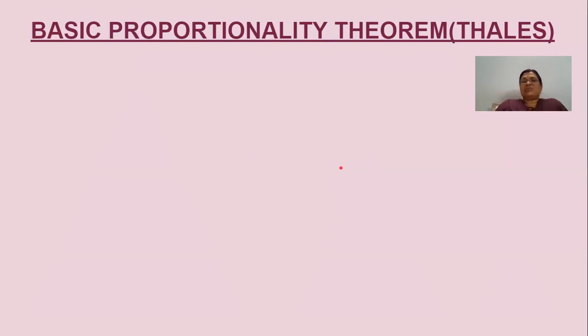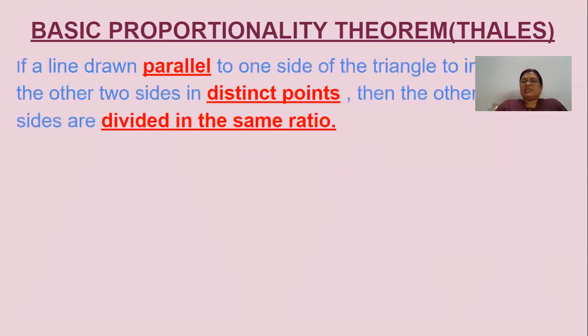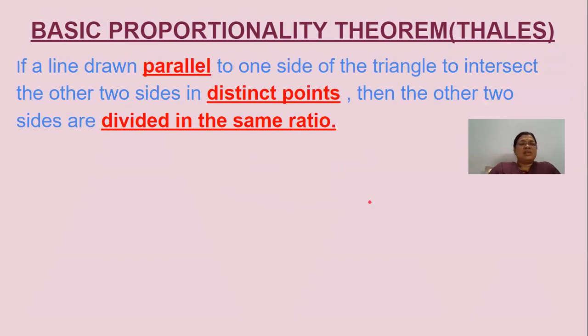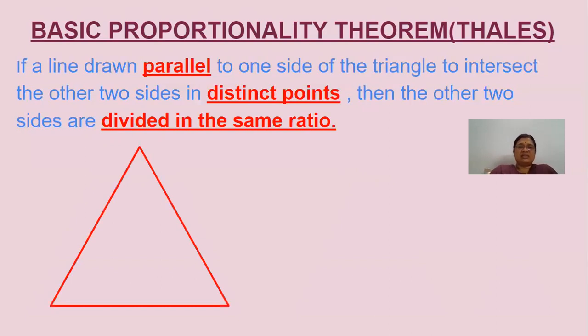So first I'll clearly explain what the Thales theorem states. See here, if a line is drawn parallel to one side of a triangle to intersect the other two sides at distinct points, then the other two sides are divided in the same ratio. So let us take a triangle ABC, and we draw a parallel line PQ, which is parallel to BC.